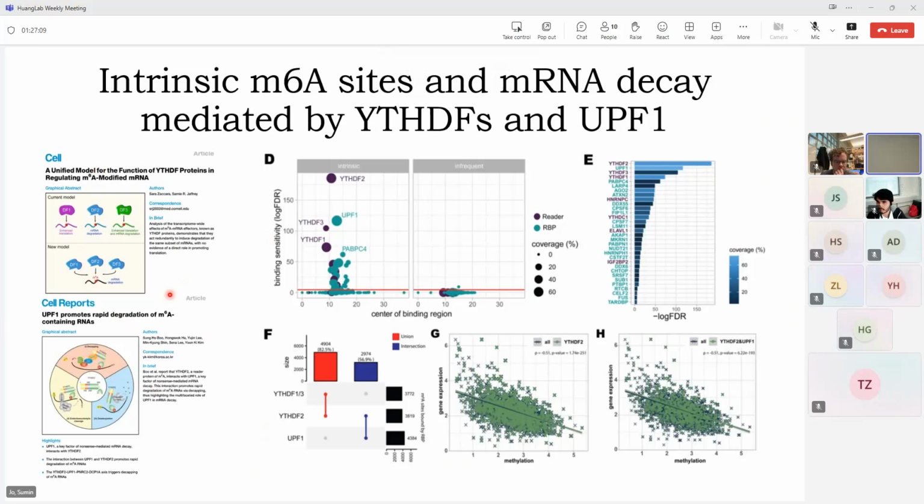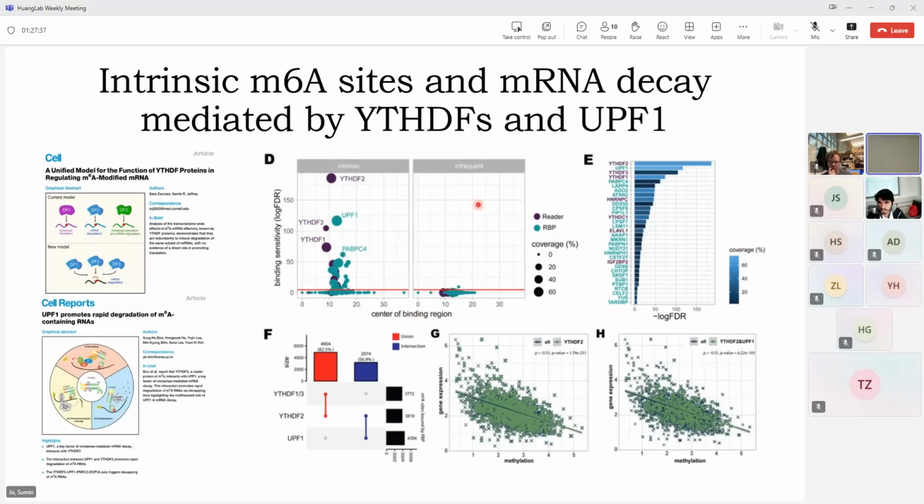Also, another paper, a 2023 paper, shows that UPF1 also promotes rapid degradation of M6A-containing mRNA. I performed the same analysis against the reader proteins and other RBPs, not the writers or erasers as I did for the upstream. So this is downstream, so I focus on reader proteins only.